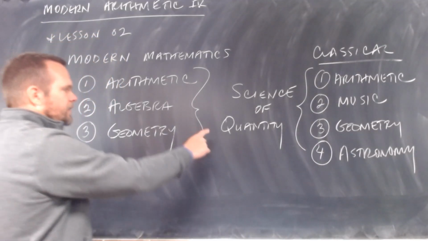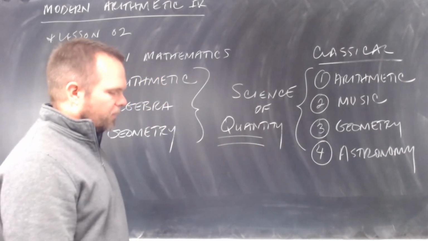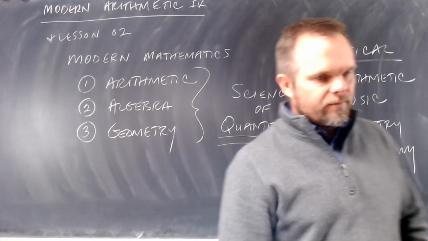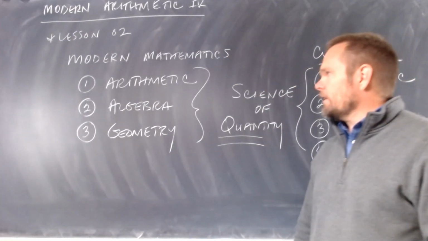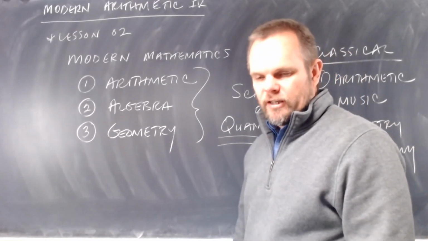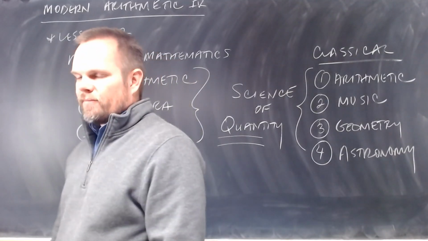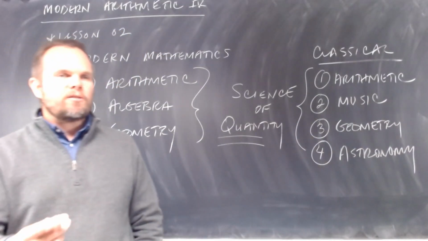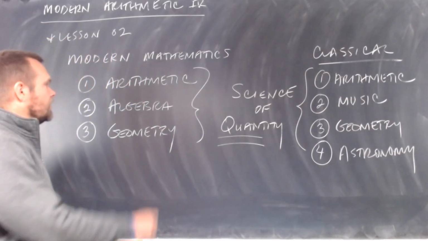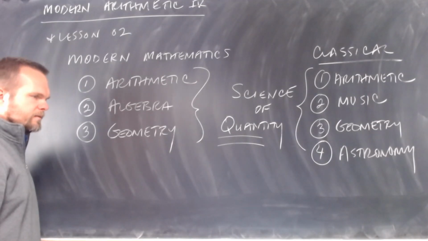The difference is that modern mathematics tells us that to have knowledge of quantity, all that you need to study is arithmetic, algebra, and geometry. That's what modern mathematics tells us. It tells us that to understand quantity, all you need to know are arithmetic, algebra, and geometry.